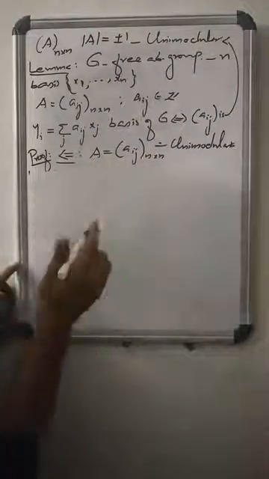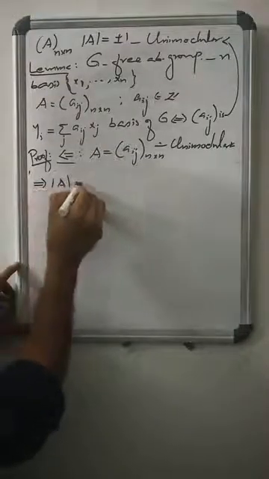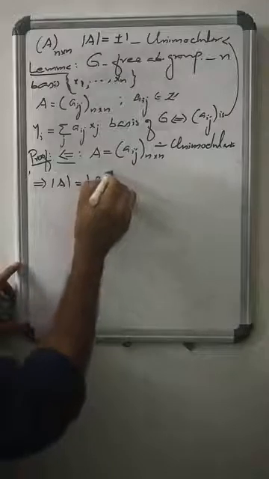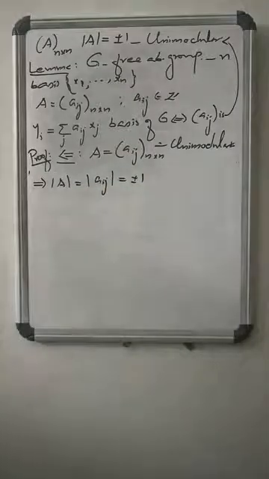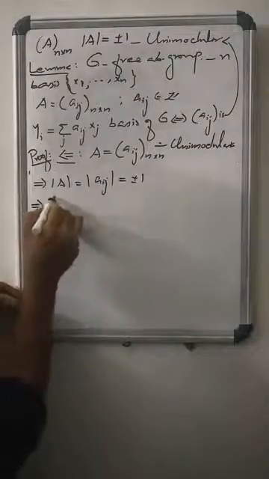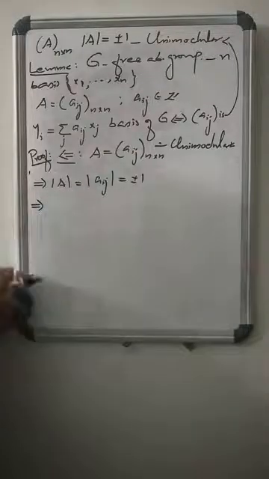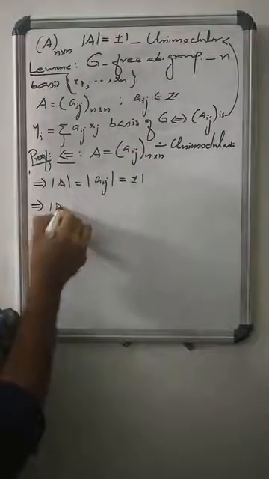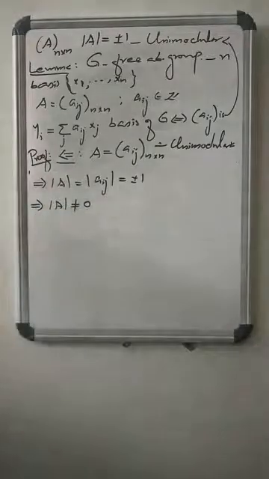Since (aij) is unimodular, the determinant of A equals plus or minus 1. So det A is plus or minus 1, which means det A is strictly different from 0.